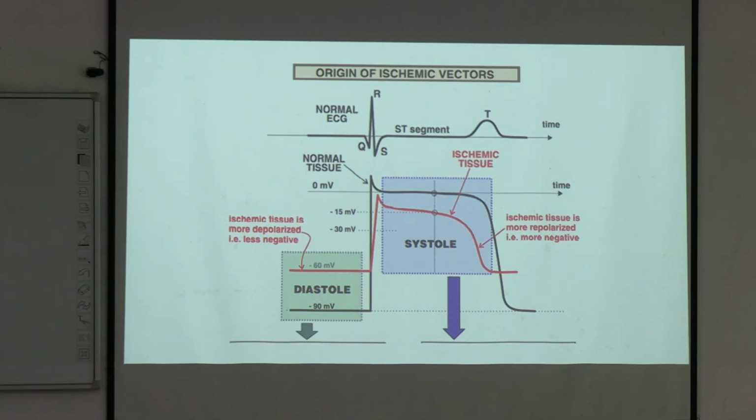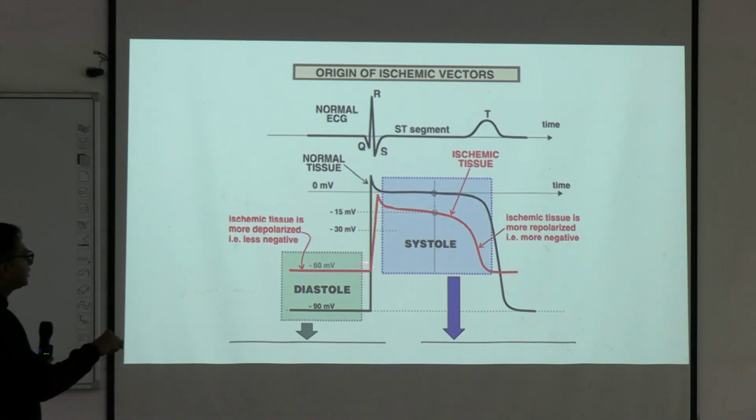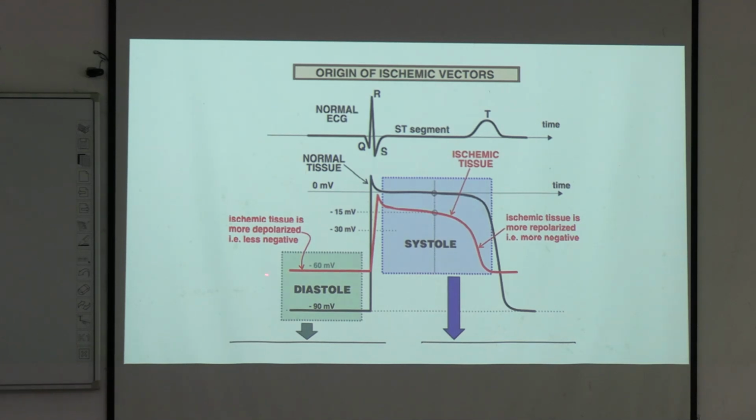Okay. So during diastole, ischemic tissue is more depolarized than the normal tissue. See this? It is minus 90 and it is minus 60. Minus 60 is more positive. So what will happen during diastole?